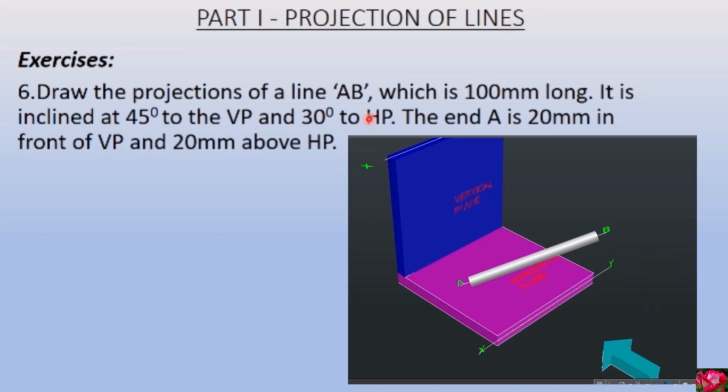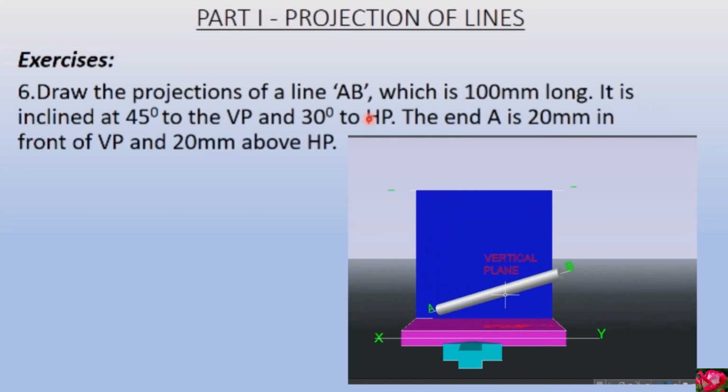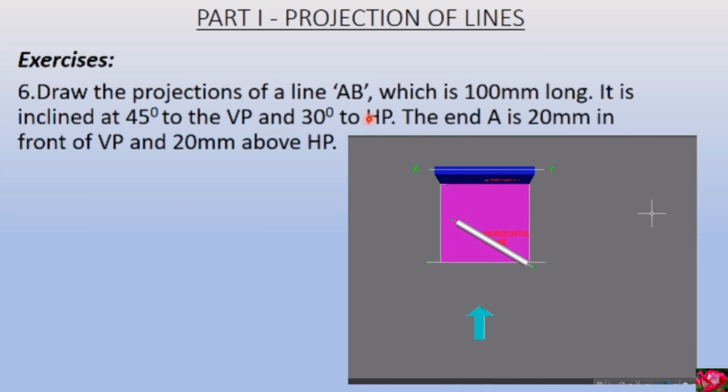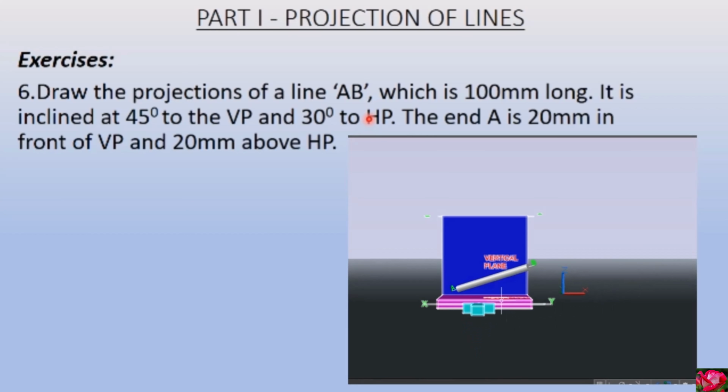So this is looking something like this, and you see that there is no straight line whatsoever in the front view, top view, or in the side view. You see that this is the top view and this is the front view.